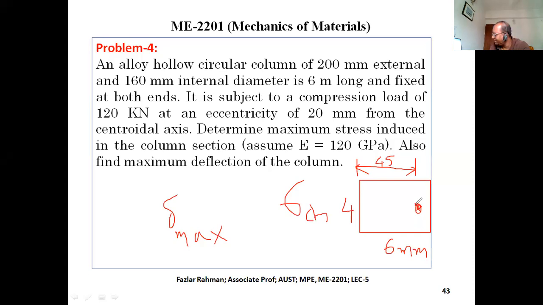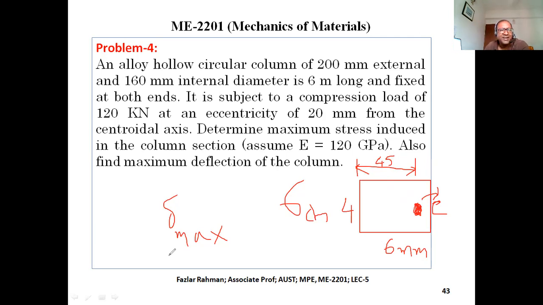I am applying load right here at point C. So, if this point C is the CG of the cross section, yes or no? It is CG, I think.